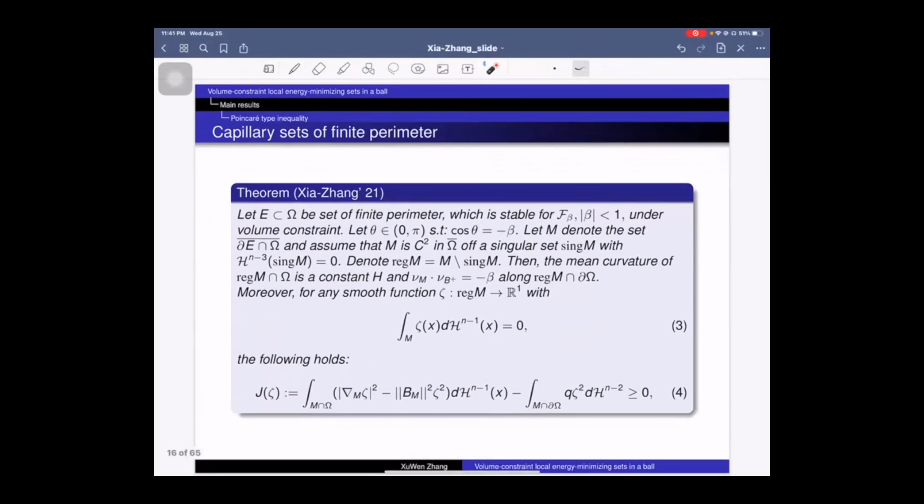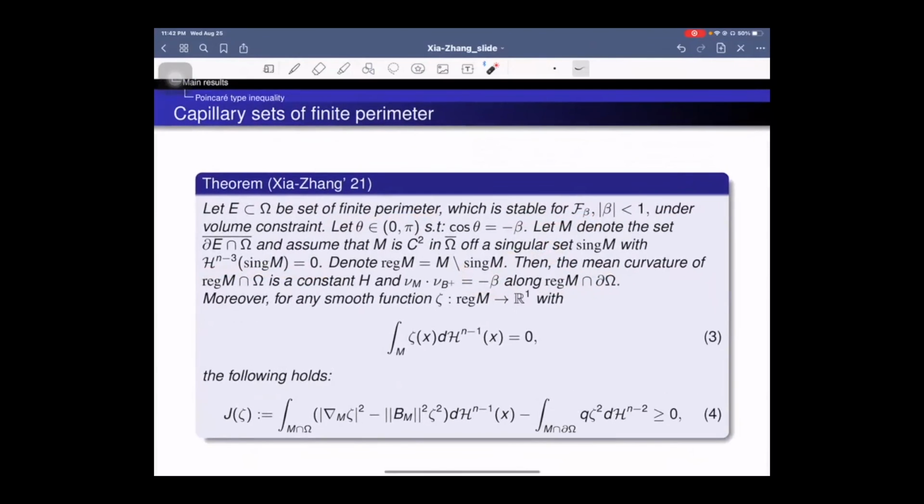We proved that if E is a set of finite perimeter and stable for the free energy functional with a low Hausdorff dimension of the singular part, then similarly we have the geometric information that the regular part of M inside omega must be CMC, and the regular part of M must intersect the boundary of omega with a constant contact angle theta, where cosine theta is minus beta.